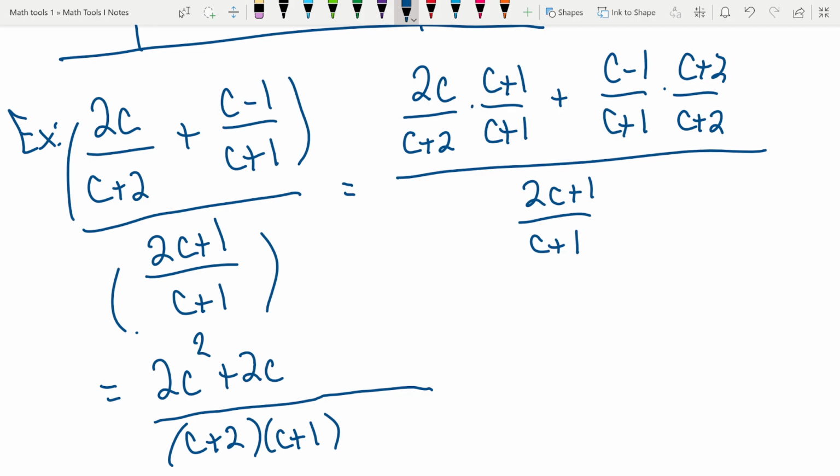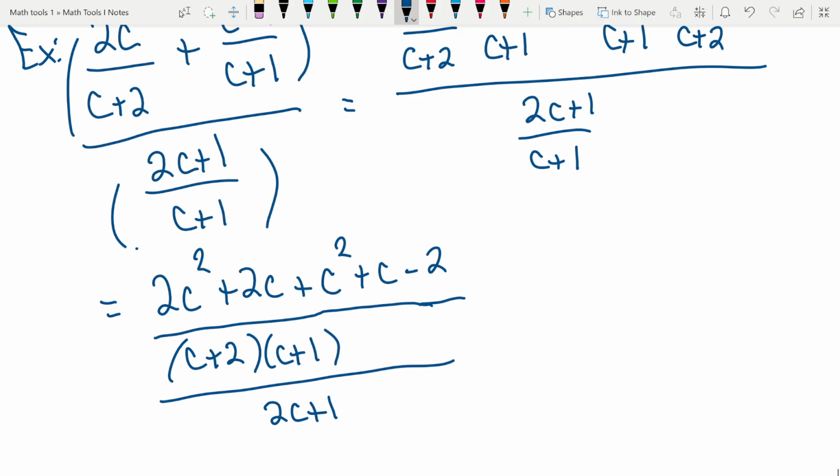So from the first one, we have 2c squared plus 2c. From the second one, we have c squared plus 2c minus c, so plus c minus 2. And then again, we don't want to leave that denominator behind, so we'll bring that along.